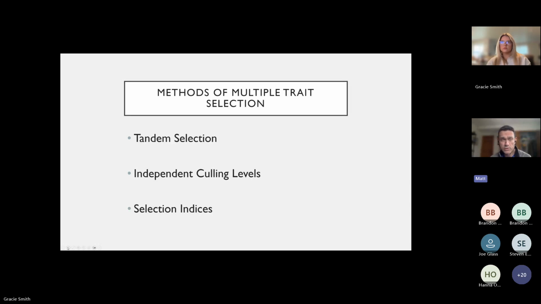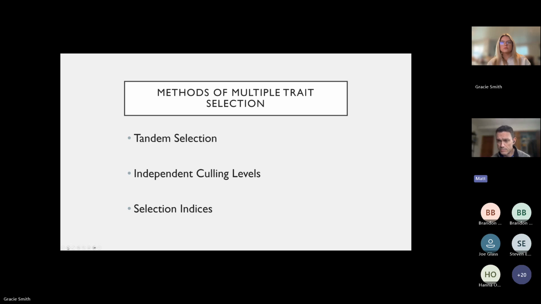One is tandem selection. What tandem selection says is select for trait A, and maybe that's something like post-weaning gain. I'm going to improve post-weaning gain until I get it at a level that I desire. And once I do that, I'm going to stop selecting on that at all, and I'm going to start on the next trait.